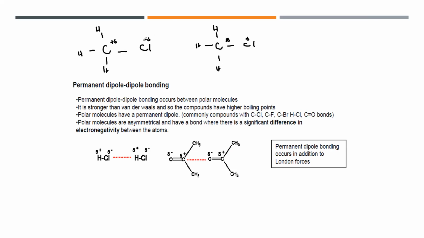Because of the difference in the electronegativity of carbon and chlorine, and the molecule is not symmetrical, this part has a permanent positive and negative, and this is also having permanent positive and negative. So these permanent positive and negative parts are attracting each other. This force we call permanent dipole or dipole-dipole force.